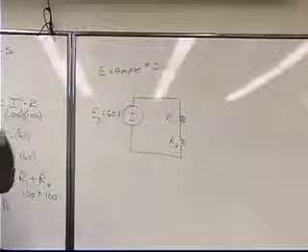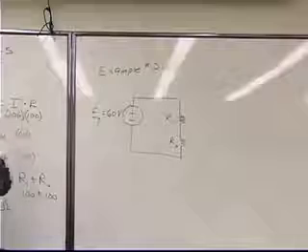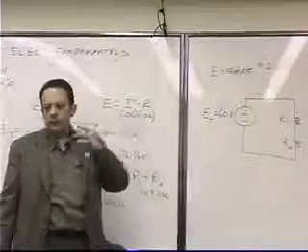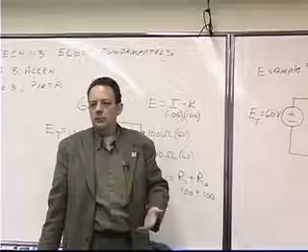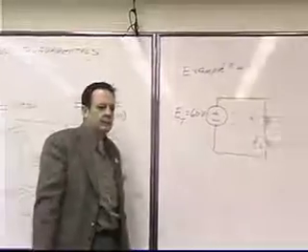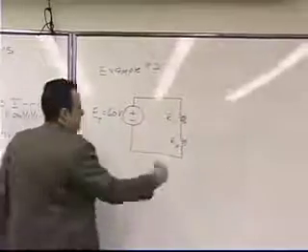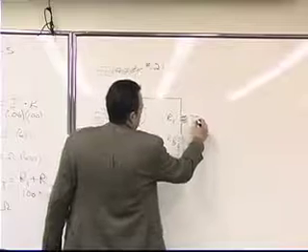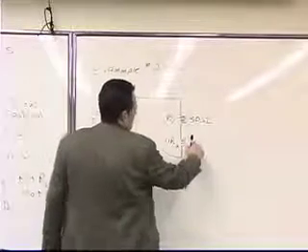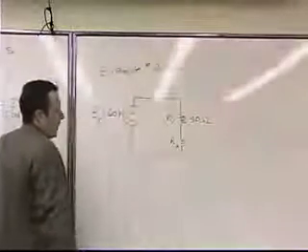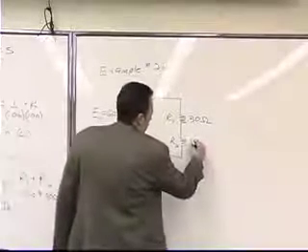The reason I'm saying give me a value is because I want to show you that it doesn't matter what value it is, the theories always work. Somebody give me a number. 30 ohms. 30 ohms. Somebody give me a number for that one. 5,000 ohms.